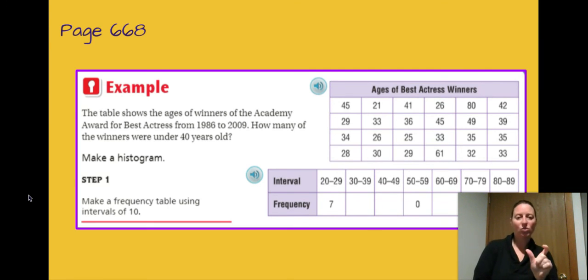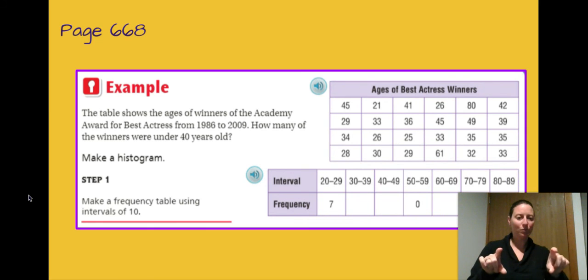So if you look at the ages of Best Actress winners, the first interval is 20 to 29. So you have to go to the chart and cross off all of the people within that range, then add them up and put it underneath the 20 to 29 interval.